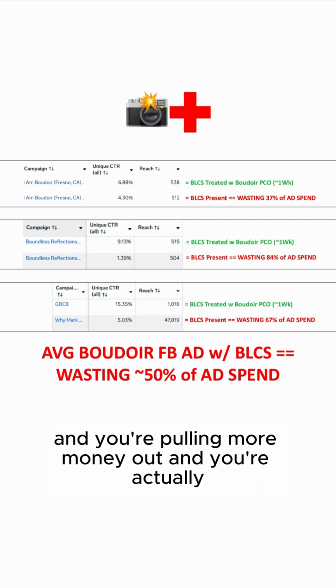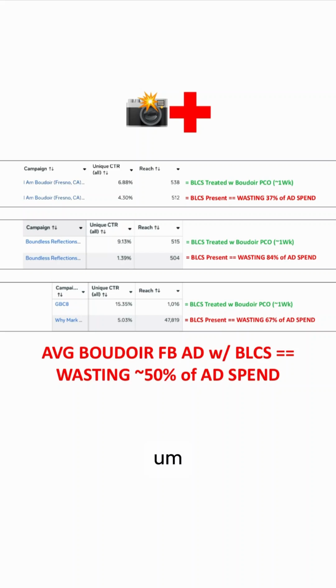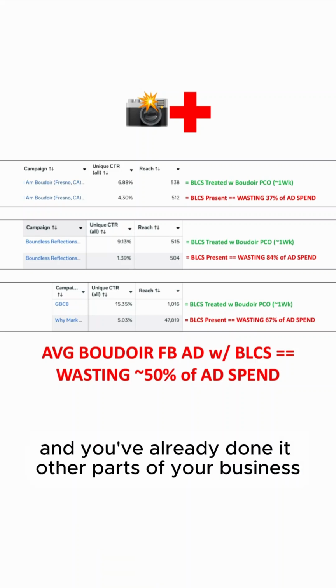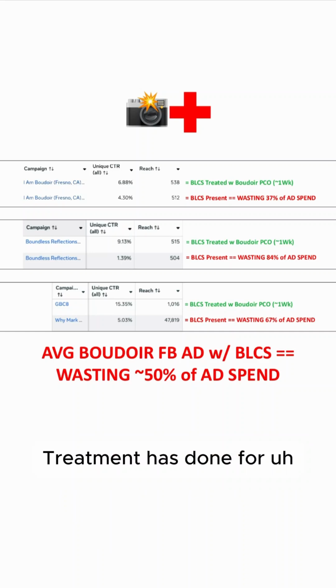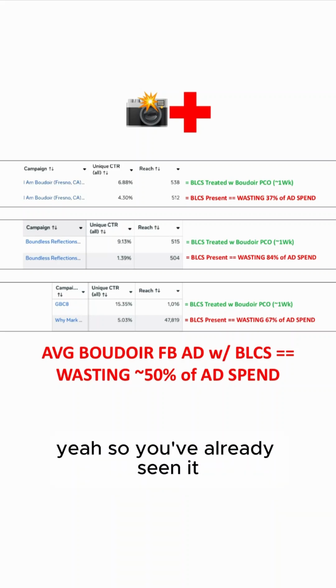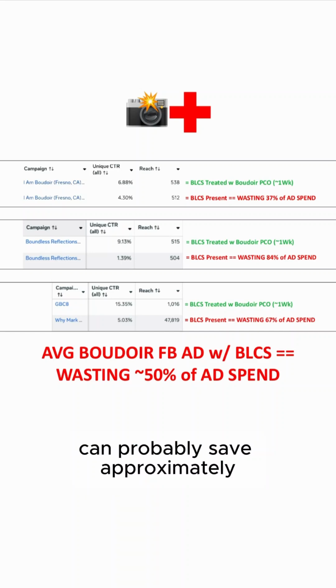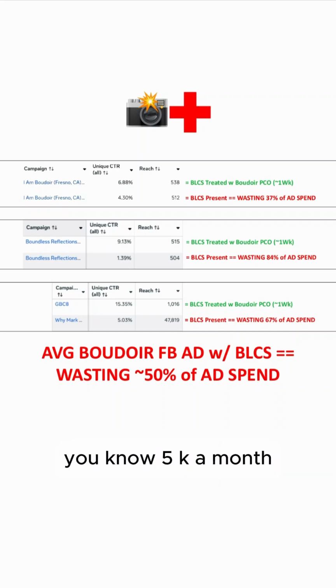And you've already done it in other parts of your business, and now you're seeing what the Boudoir Pico treatment has done for other Boudoir Facebook advertisers, so you've already seen it can probably save approximately 5K a month.